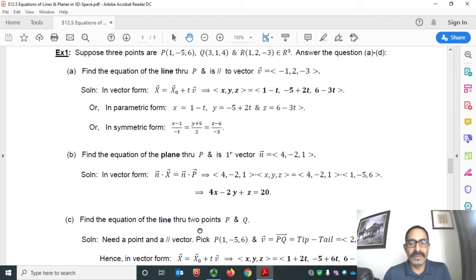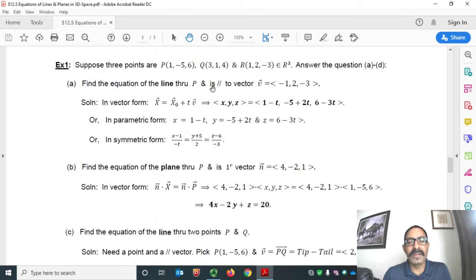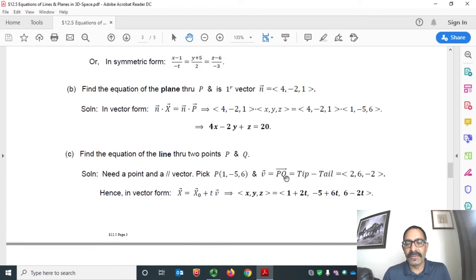So pick a point P, and the 2 points determine the vector. The PQ vector is the vector we are looking for. PQ equals tip minus tail. So (3 minus 1, 1 minus minus 5, 4 minus 6). So that's the PQ vector, which is (2, 6, minus 2).